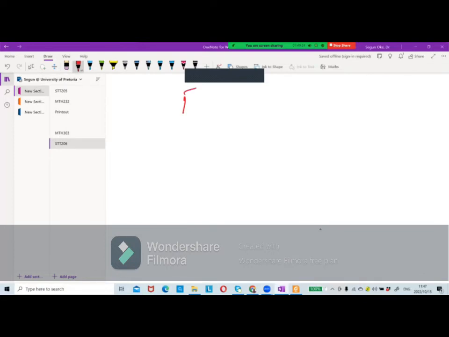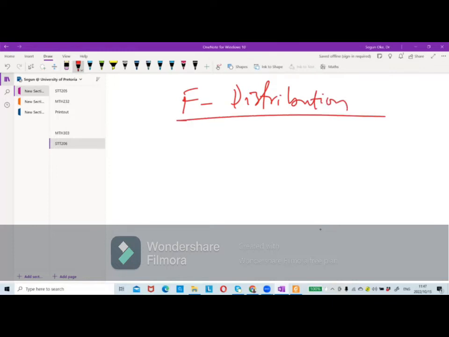Okay, F distribution. We have different formulas of solving it. They can ask you to state H naught too. H naught can be sigma 1 equals sigma 2.